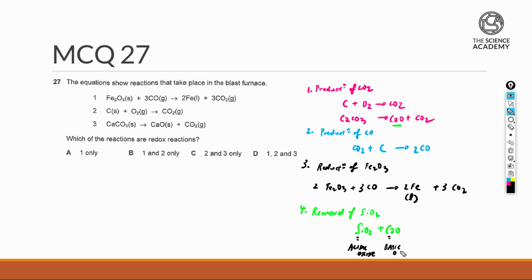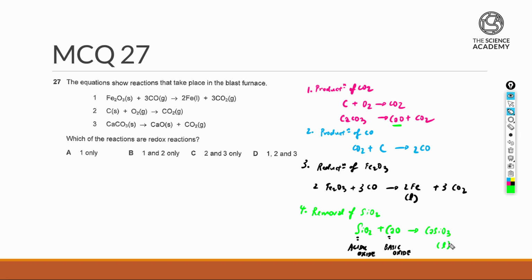So we are actually witnessing a neutralization reaction, and this will form calcium silicate, otherwise known as our slag. Again, it's going to be molten because the temperature is way above the melting point of slag.